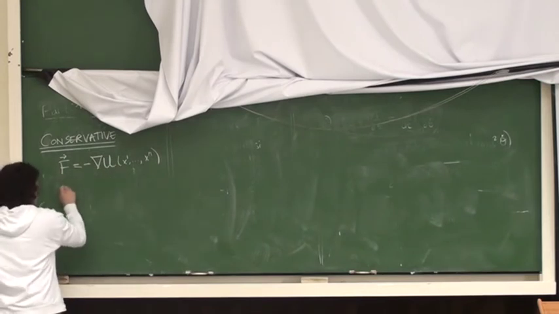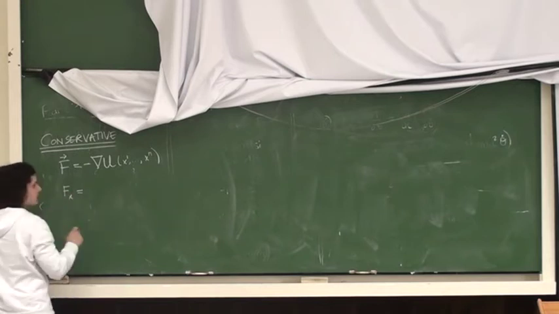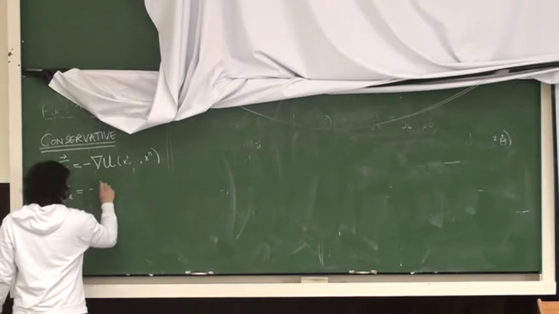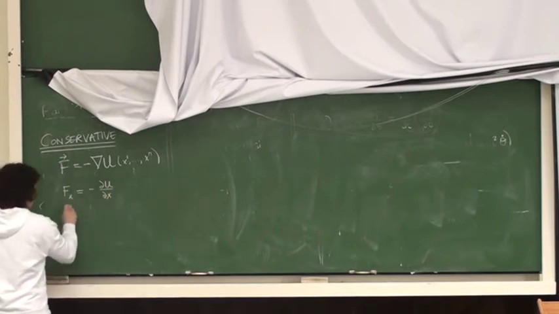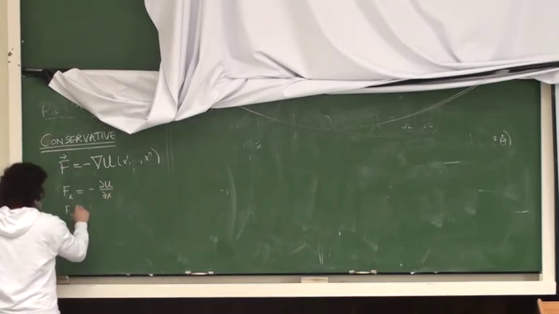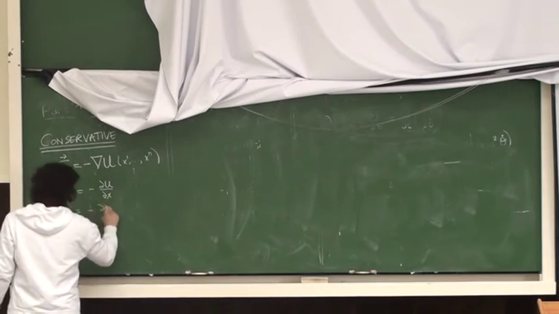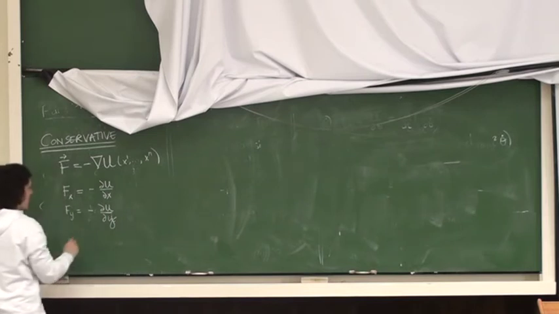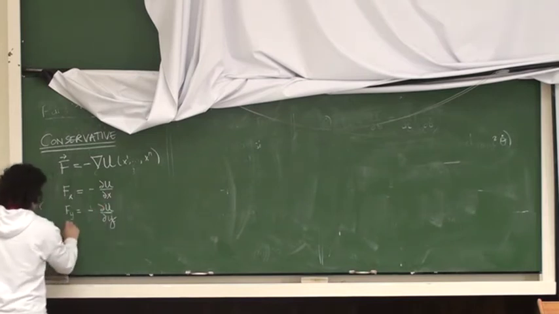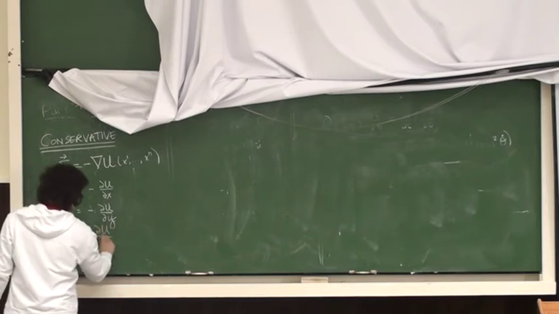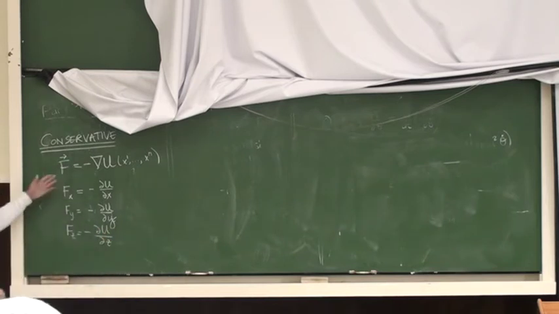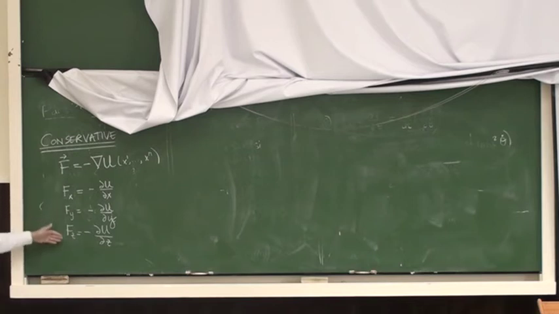It means that the x component of the force is minus ∂U/∂x, the y component of the force is minus ∂U/∂y, and the z component of the force is minus ∂U/∂z. Write out the vector equation. That's what it gives me.